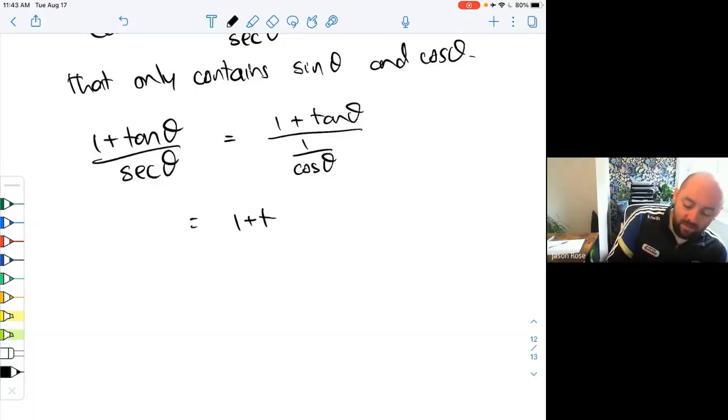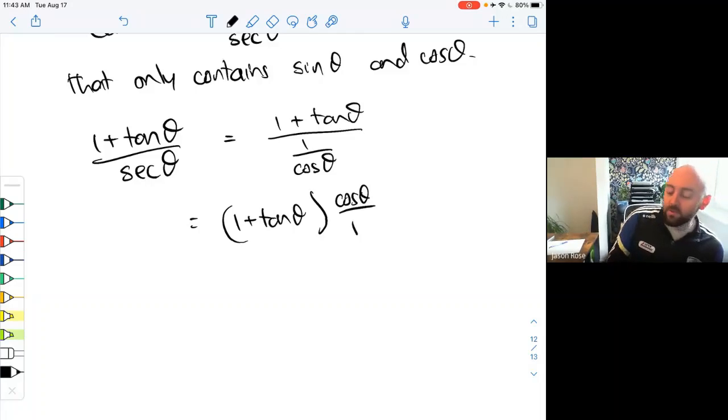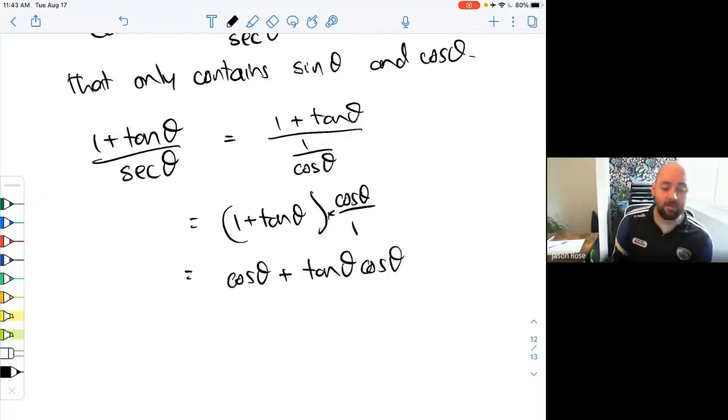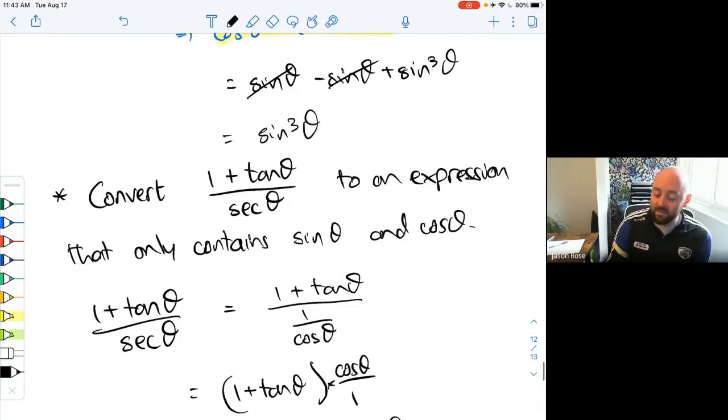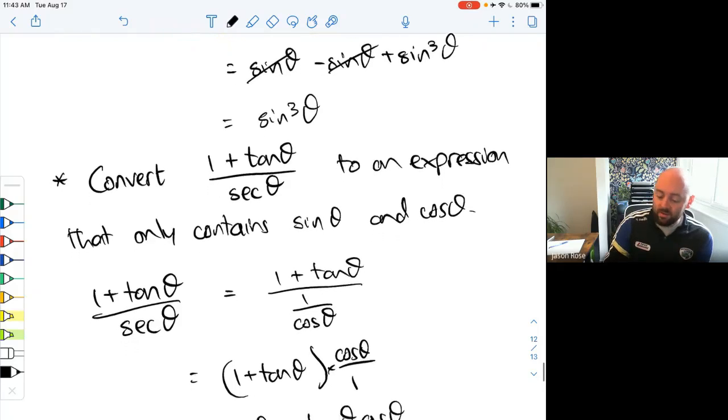We have 1 plus tan theta. That's going to multiply by, we flip it and multiply instead. That was one of our rules that we had. So we have 1 multiplied by cosine is cosine. Tan multiplied by cosine is just tan theta, cosine theta. And the original question asked for an expression that contains only sine theta and cosine theta.